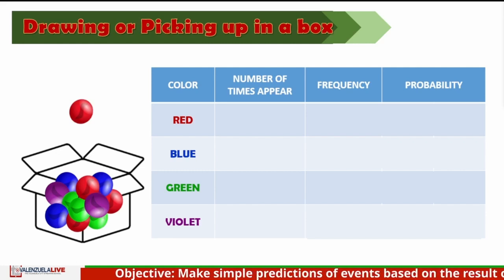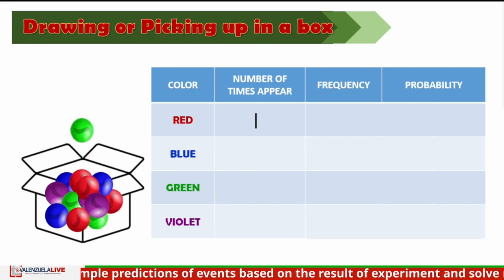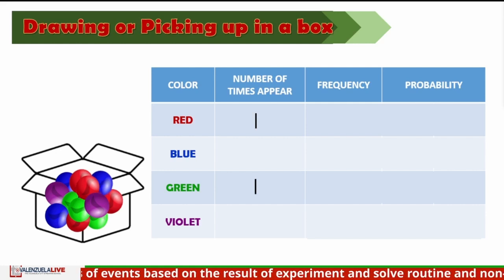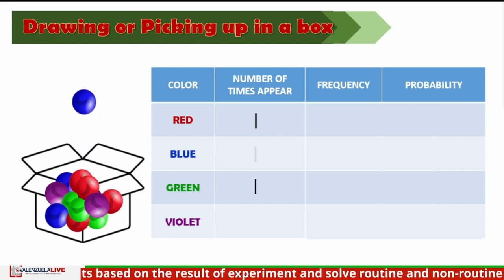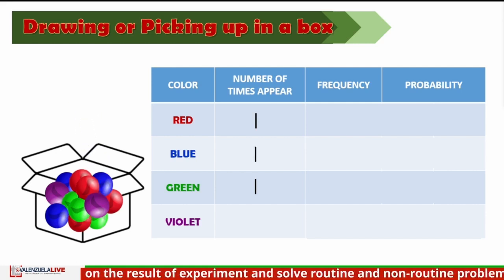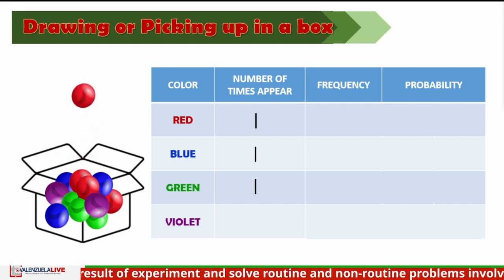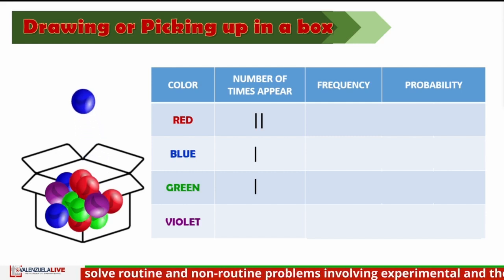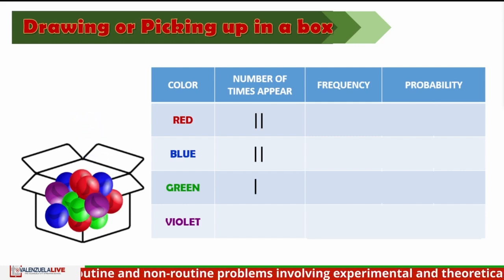The first marble picked is red. Then make a tally mark for red color. Second is green. Then mark color green. Third marble is blue. Then mark blue. Fourth marble is red. Mark red. Fifth marble is blue.